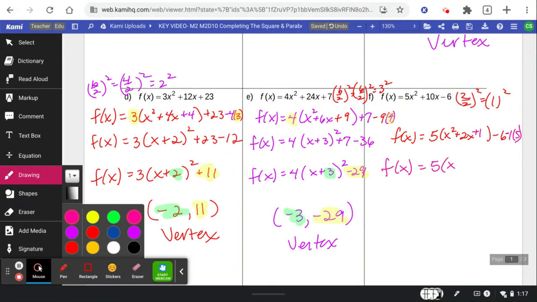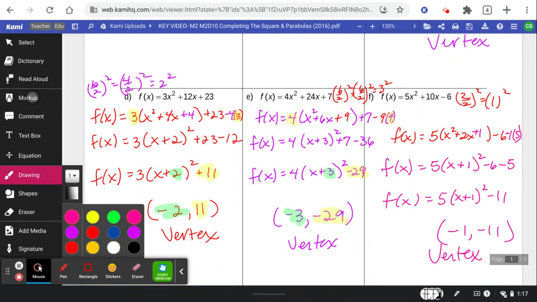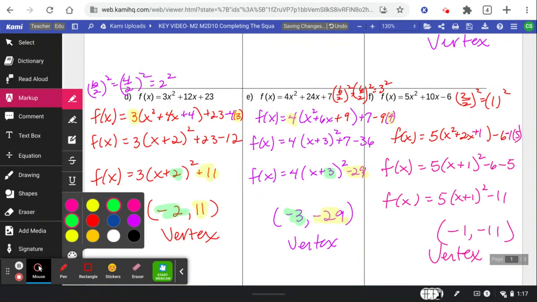This makes the x plus 1 squared factors. And that's going to simplify down to a negative 11 at the very end. So we get the negative 1, negative 11 vertex. And that comes from right here.